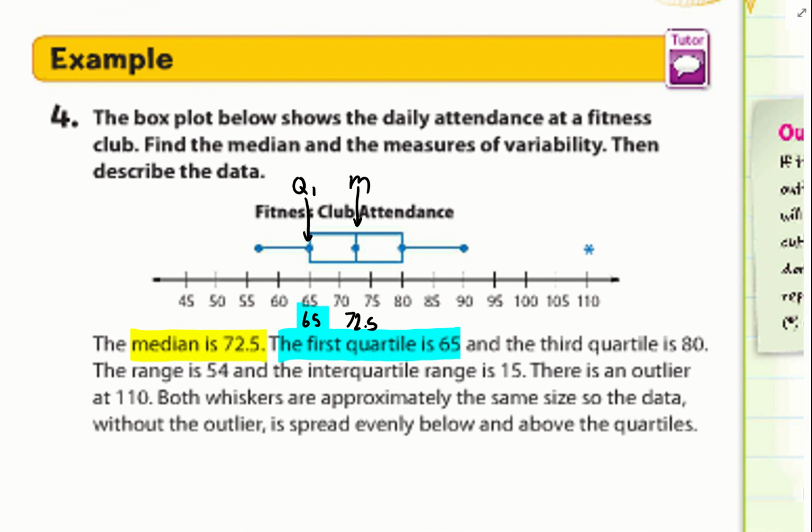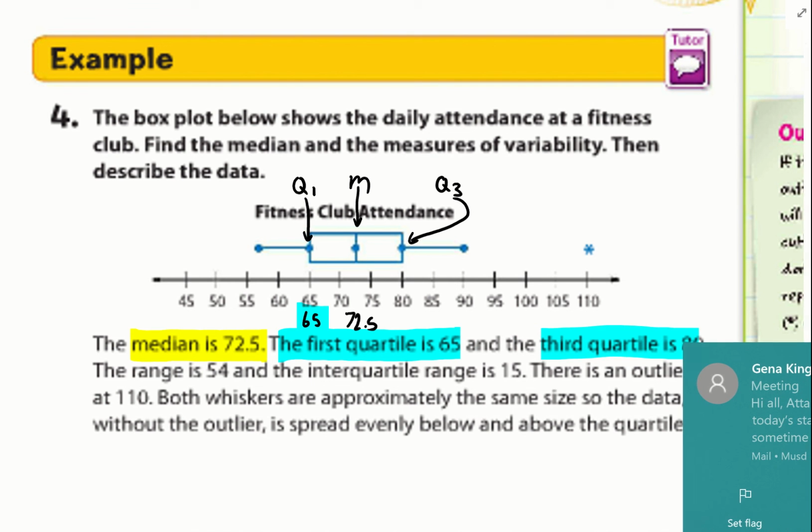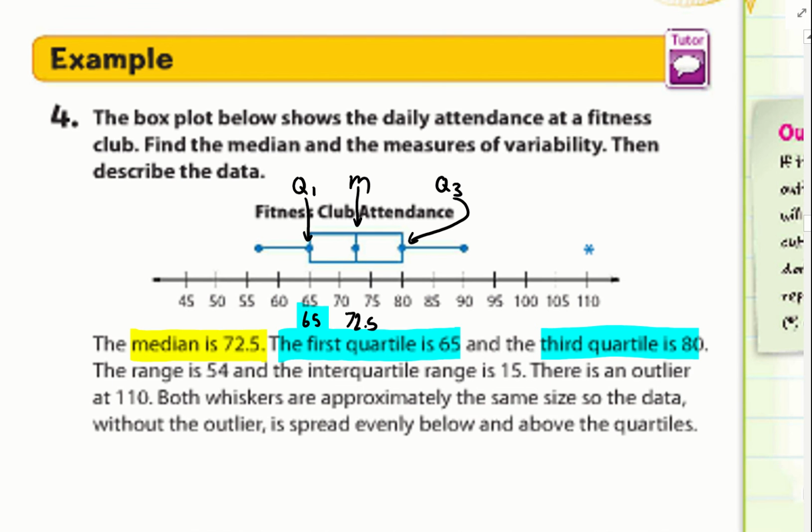My third quartile, Q3, is here, and that's at 80. My range is going to be my highest number minus my lowest number. So I have 110 minus 56, and that's going to equal 54.